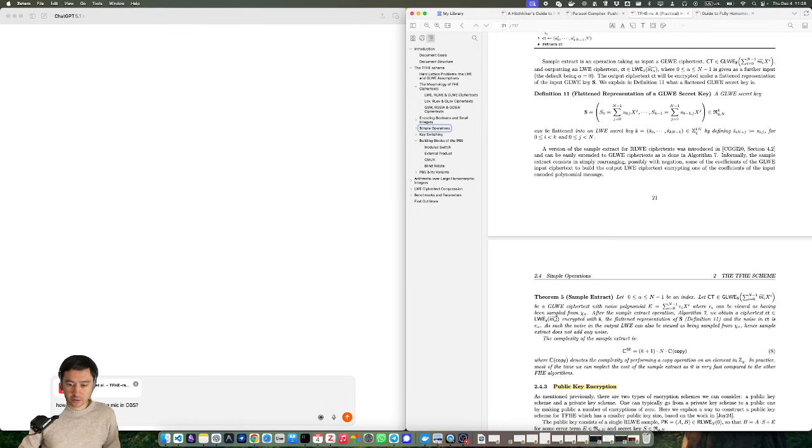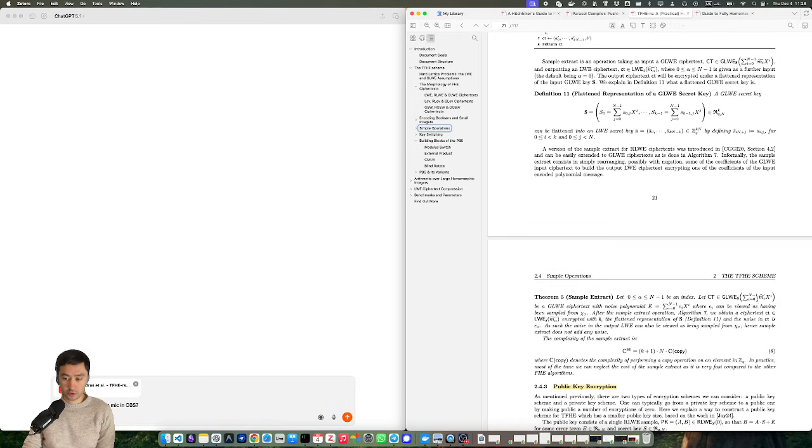So I guess you obtain one of the coefficients. You have the encryption of a polynomial, and you just return one of the coefficients. All right, so it's kind of weird, right? Because GLWE is itself a vector of polynomials, but you have to think that it also represents a message that itself is just a polynomial.